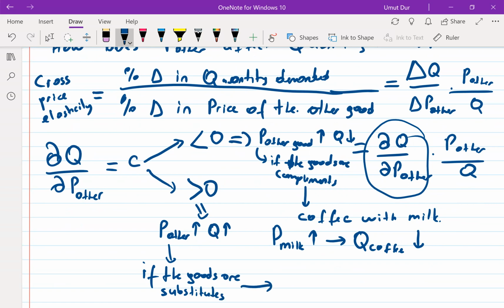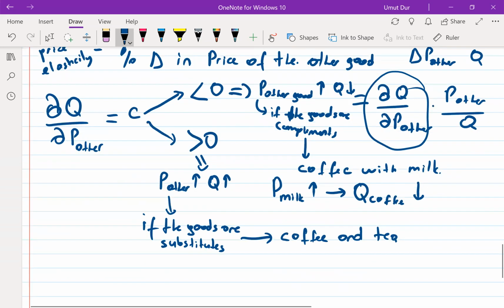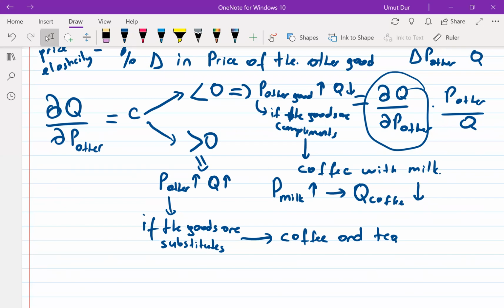An example for this is coffee and tea. If you like coffee and tea the same, then if the price of tea increases for some reason, the quantity demanded for coffee will increase.